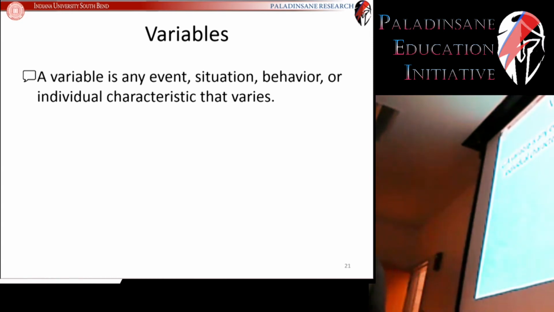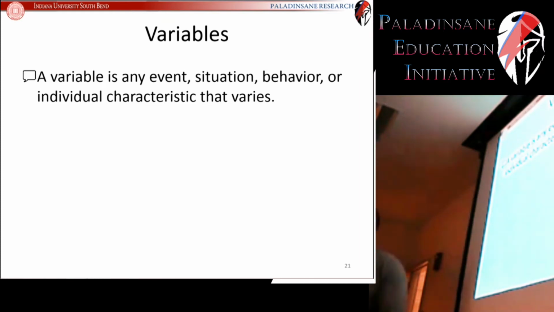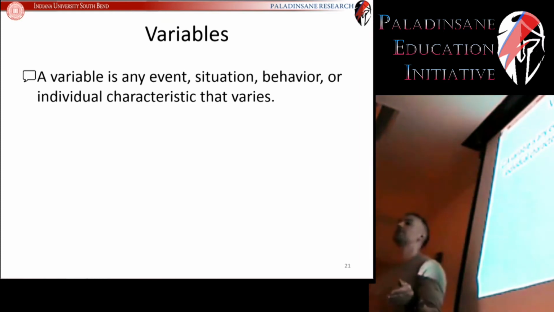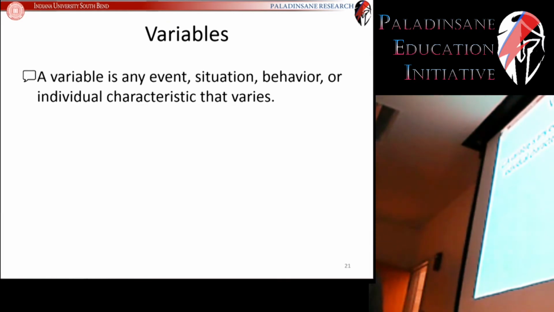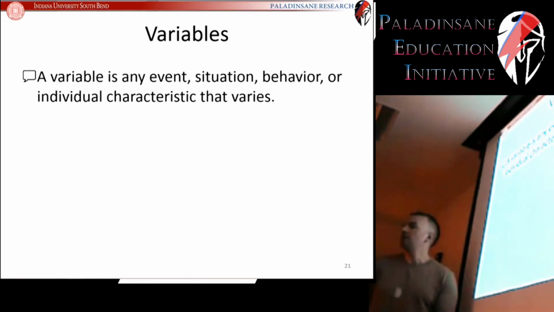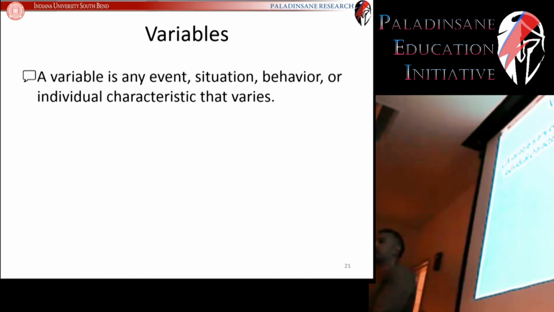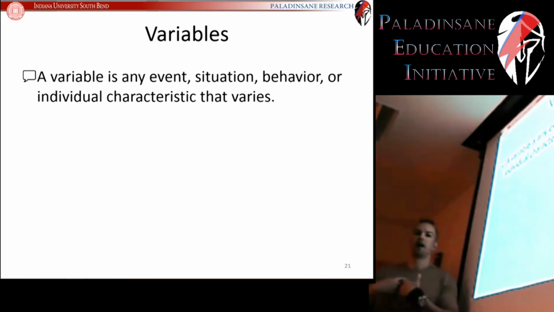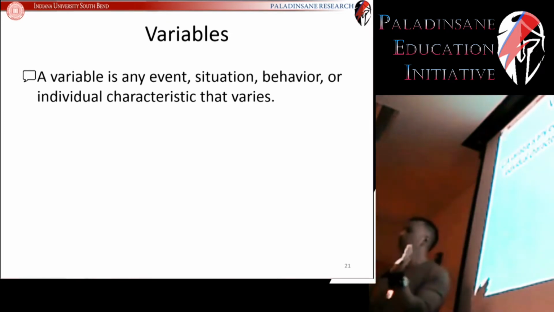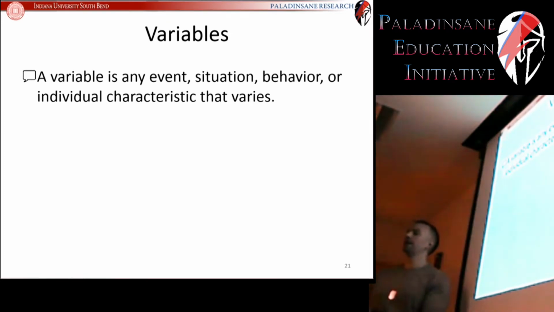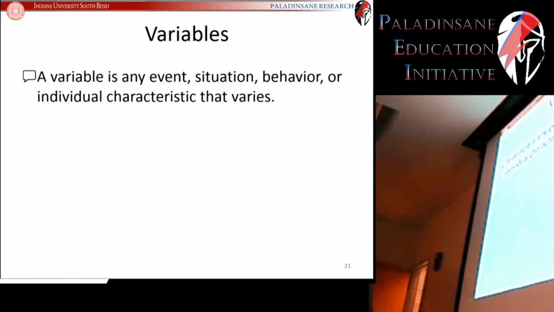It has to be a behavior that can change or changes amongst individuals, or maybe within an individual. It's got to be an individual characteristic that varies, some event that some people experience but other people don't. It needs to be a behavior or a situation that is able to vary.